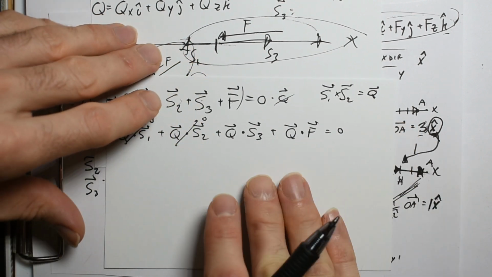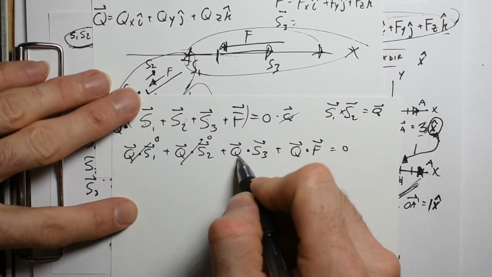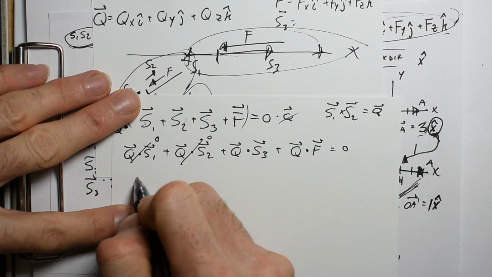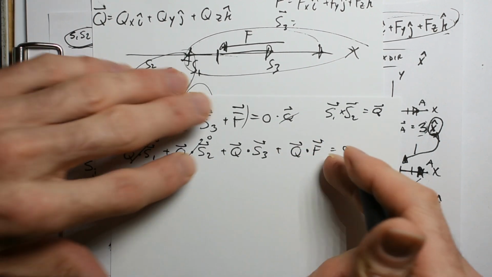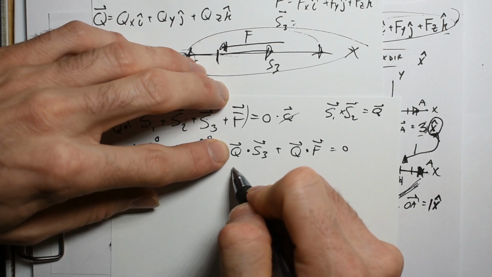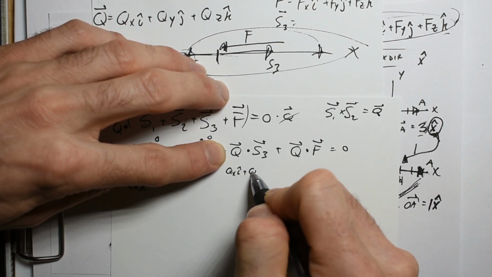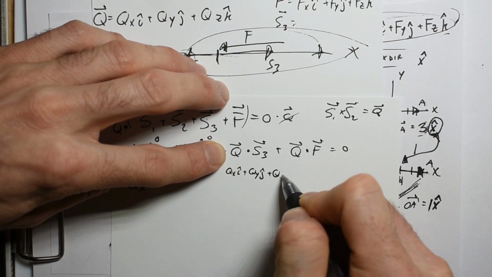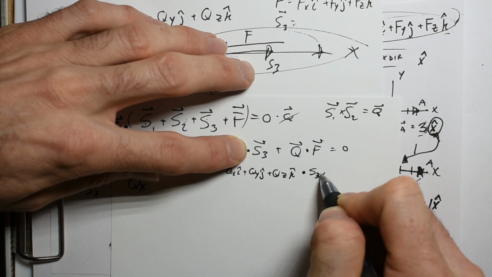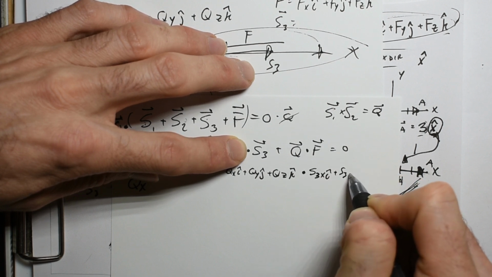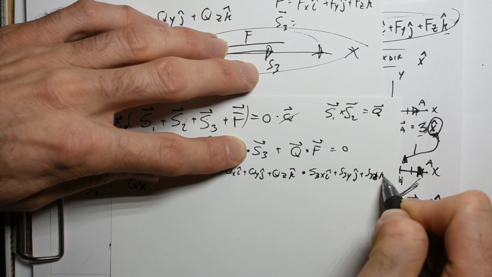But still, even here, this is also associative or commutative, just the way the dot product works. If I have this, I'm going to have the Qx component in the i hat plus Qy component j hat plus Qz component k hat, and I'm going to dot it with S3x i hat plus S3y j hat plus S3z k hat.